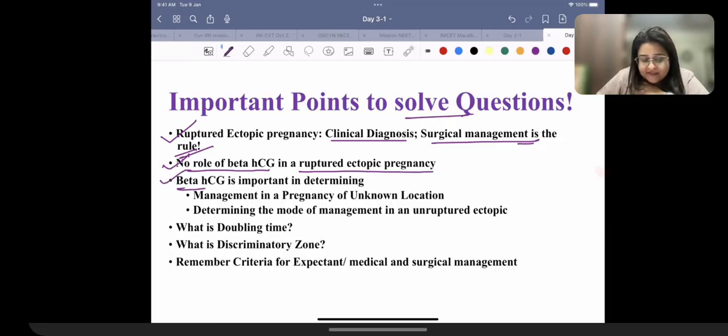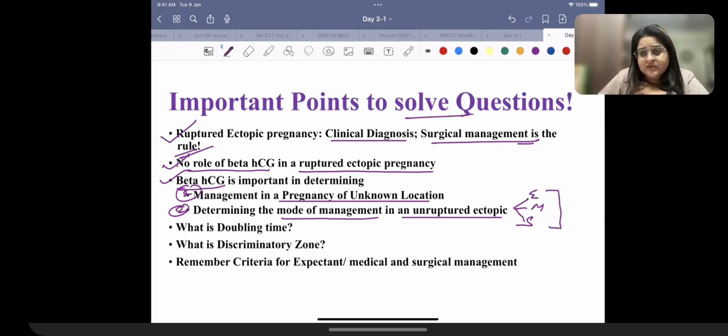Third point, beta HCG is important in determining the management of a pregnancy of unknown location, and also determining the mode of management in an unruptured ectopic. That means whether you're giving expectant, medical or surgical management, for this also we should know the level of beta HCG.